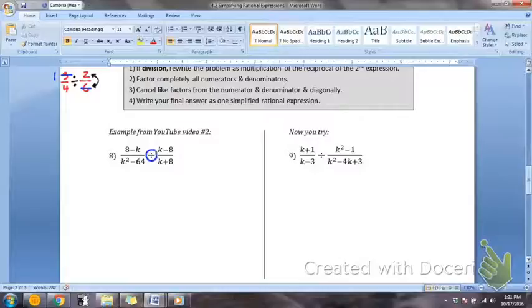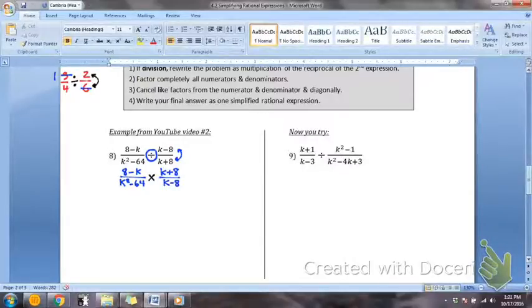So the first thing that we're going to do is rewrite this. So I have 8 minus k over k squared minus 64. I'm going to change it to multiplication, and I'm going to flip the second fraction so that it's k plus 8 over k minus 8.